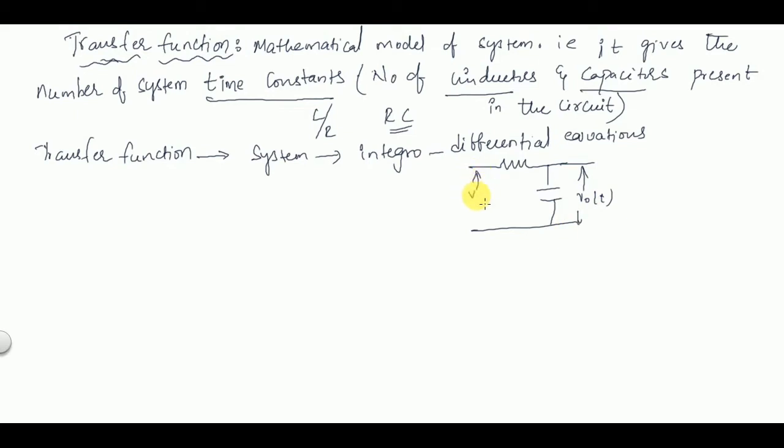If a current I of t is flowing, then Vi of t is equal to I of t into R plus 1 by C integral I of t dt.